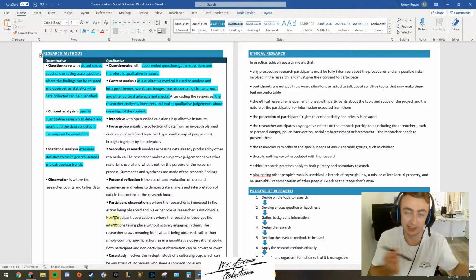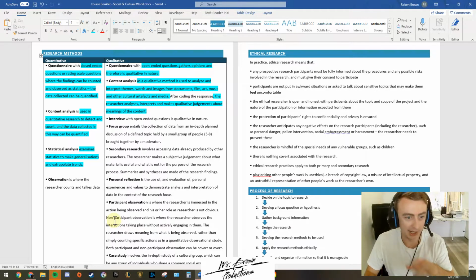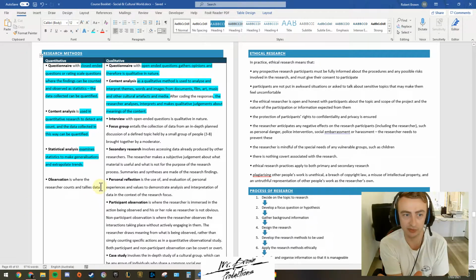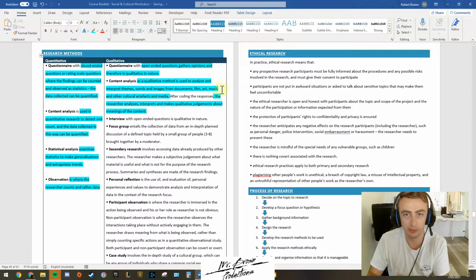You would be sitting off to the side, counting the instances of people that put their rubbish in the bin, and maybe tallying the amount of people that walk right past it or just chuck it on the ground, like a bunch of silly billies. So on your card, observation is quantitative, and on the flip side, it's where the researcher counts and tallies data. That's pretty much all observation is.